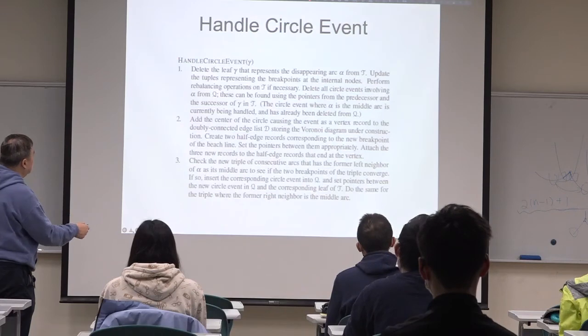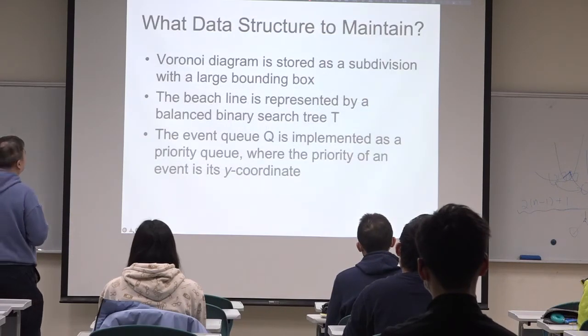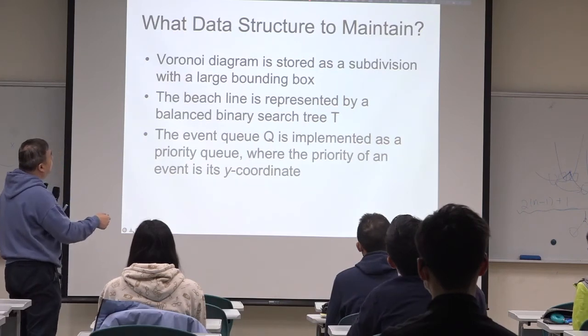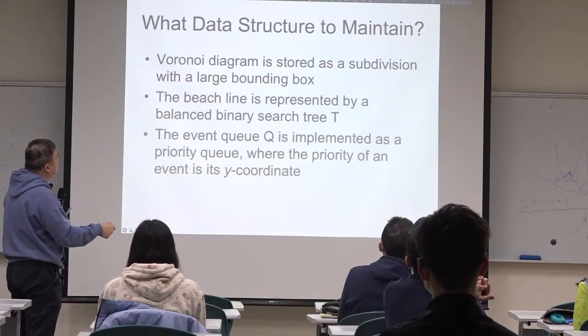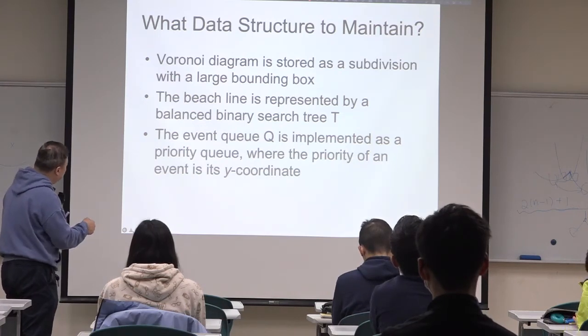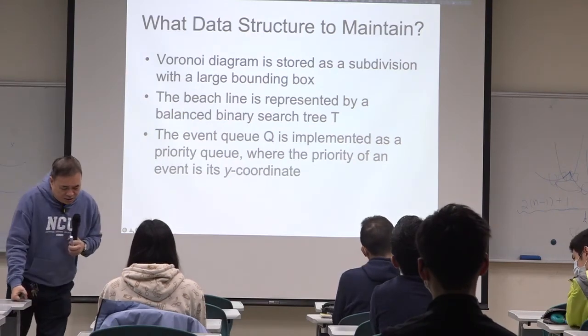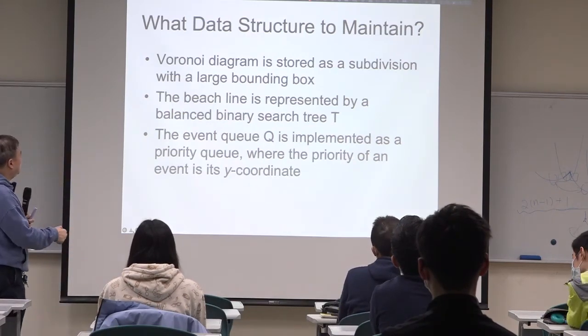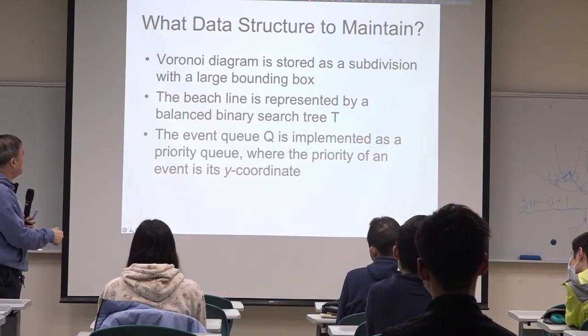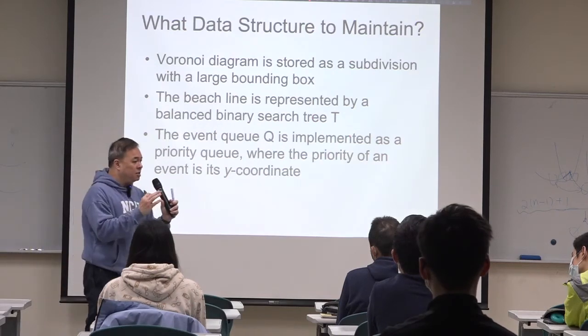And this is how we handle the circle event. So we will store the Voronoi diagram in a subdivision with a large bounding box. To be exact, we use the doubly connected edge list data structure to store it. And the beach line is stored in a tree which can be easily searched for the left-right relation.